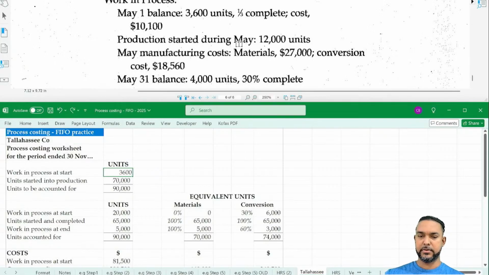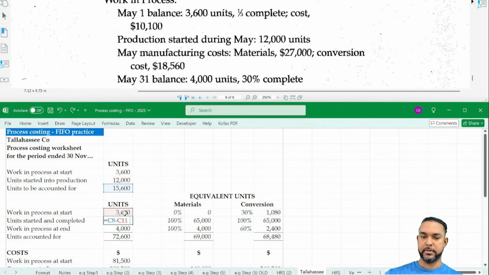Right, so work in process at start is 3,600 units. Production started was 12,000, so we have 15,600 to account for. Work in process at end is 4,000. So therefore, this is equal to this minus this minus this. Right, so 8, at 80%.